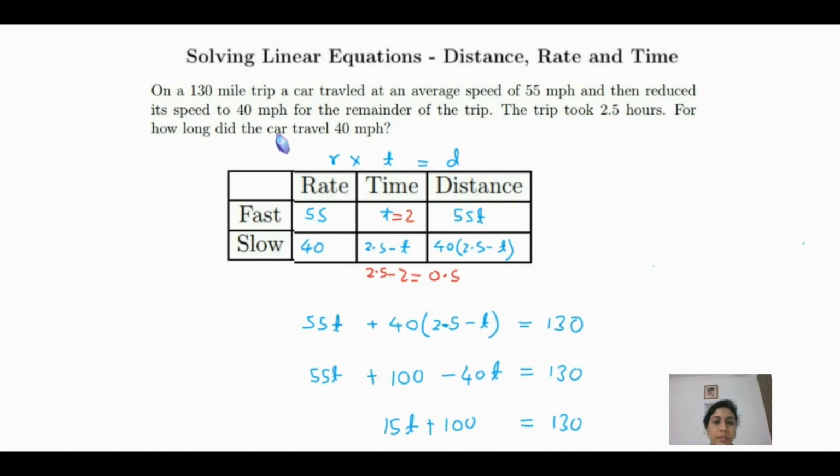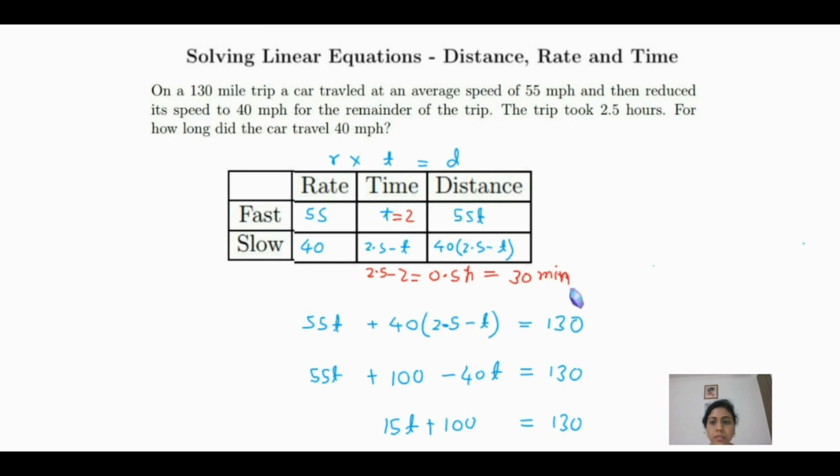So how long did the car travel at 40 miles per hour? 0.5 hour. 0.5 hour, it means how many minutes? 30 minutes. Okay, just half an hour means 30 minutes.